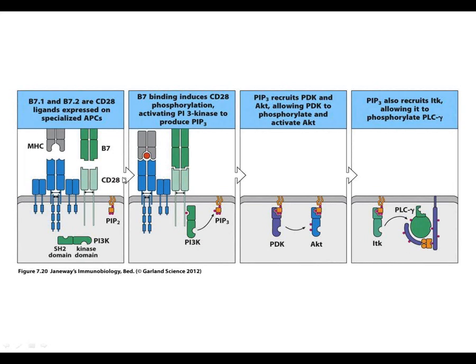Now this co-stimulator is going to act through something called PIP3, which is also going to allow phosphorylation of PLC, phospholipase C, which we talked about before. So it's going to strengthen this signal to allow this signal to go all the way to the nucleus. This is necessary in naive T cells.